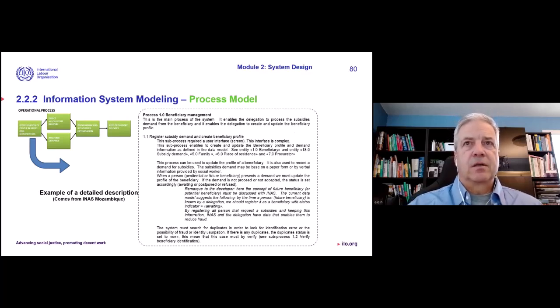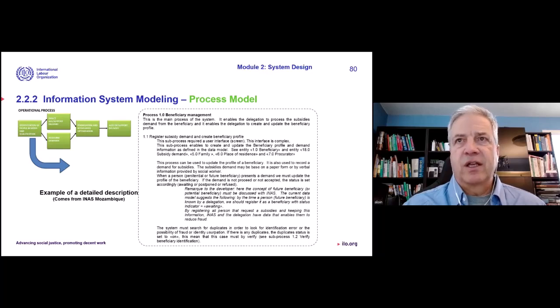And this is done again to talk with the higher hierarchy. In this case, what's in the box is coming from INES in Mozambique, the social protection ministry there. That was almost over 15 years ago. This was something that has been done there.